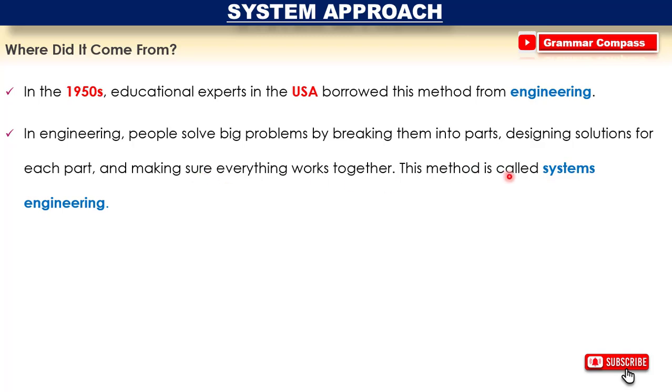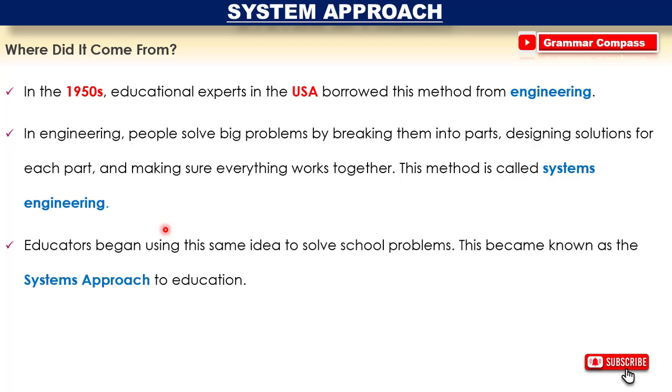This method was called system engineering. So this method of solving problems was adopted in education in the 1950s. This means that educators at that time were using this same idea to solve school problems. This became known as the systems approach to education, a step-by-step method of solving educational problems.